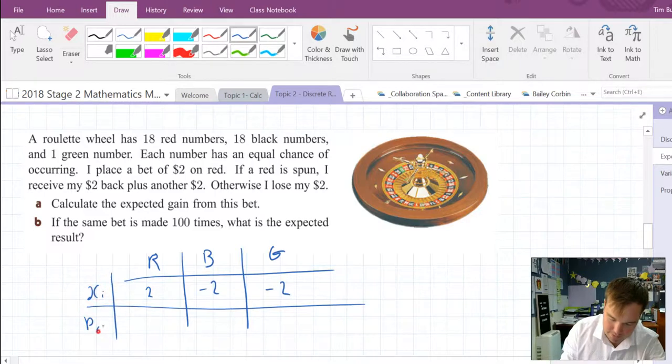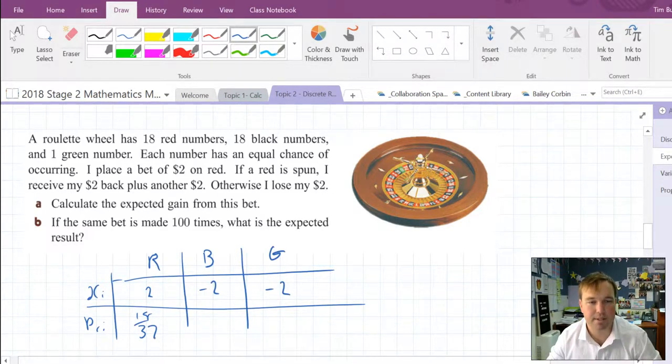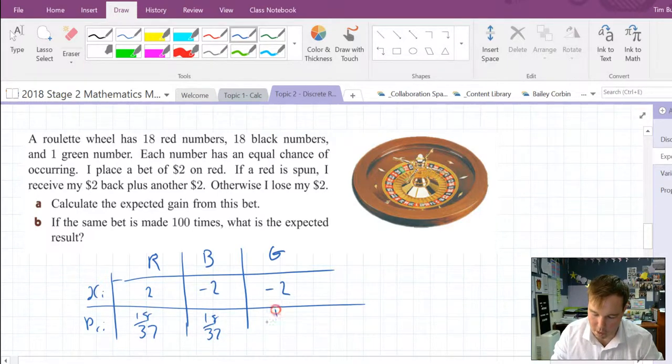And the probability of these outcomes is 18 on 37, because 18 of the 37 numbers are red, 18 on 37 are black, and 1 on 37 is green.